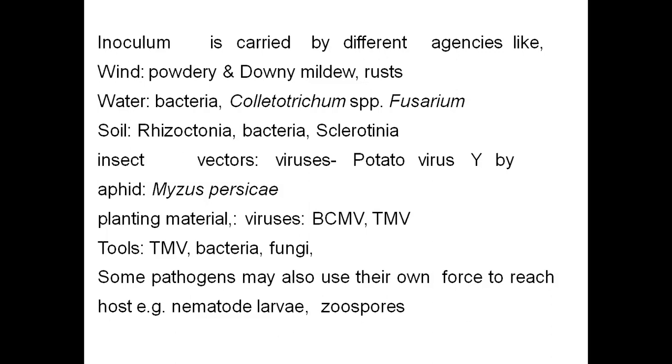Then how the inoculum is carried by different agencies. Later on, we will discuss this in the chapter on survival and dispersal of plant pathogens. But basically, we should know how the inoculum is carried by different agencies. Like in case of powdery mildew, downy mildew and rust, the inoculum of all these diseases is carried by the wind.